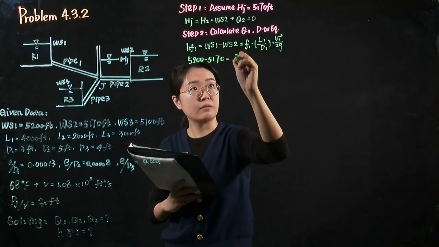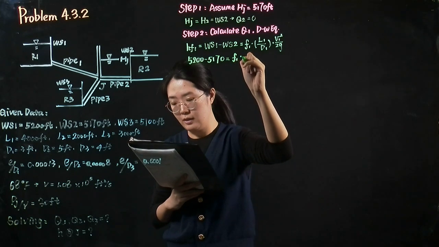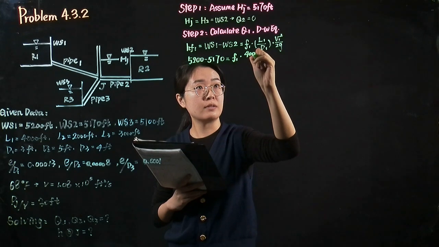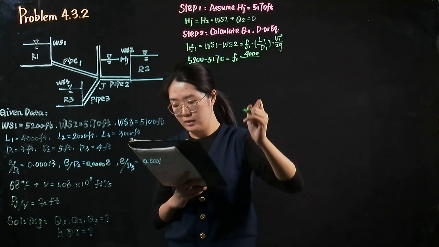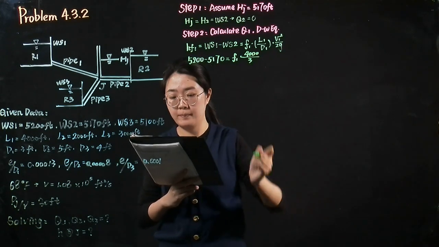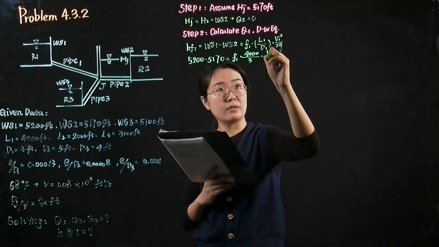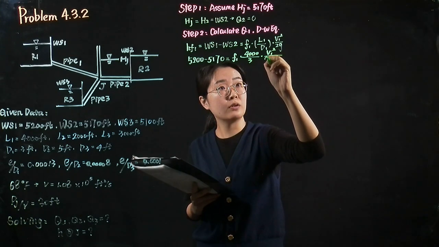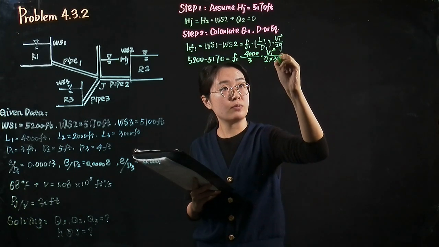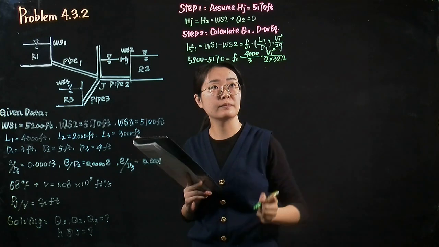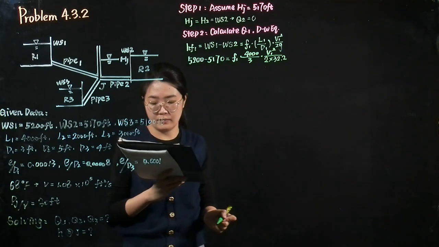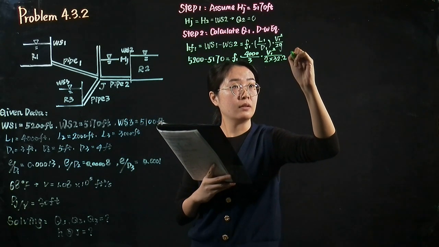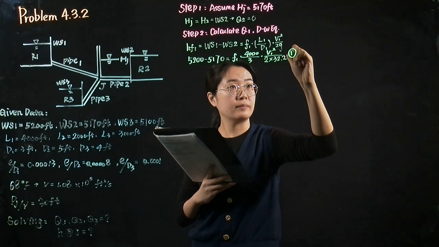It equals friction factor times the length, which is 4,000, over the diameter, which is 3, times velocity squared over 2 times 32.2. We call it our equation 1.